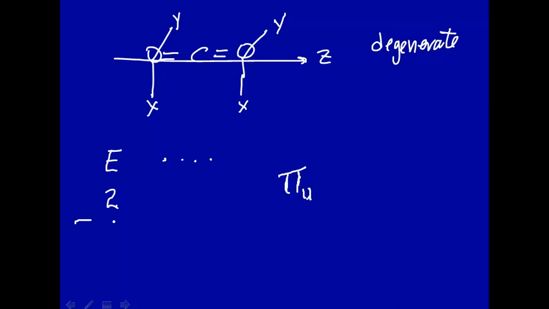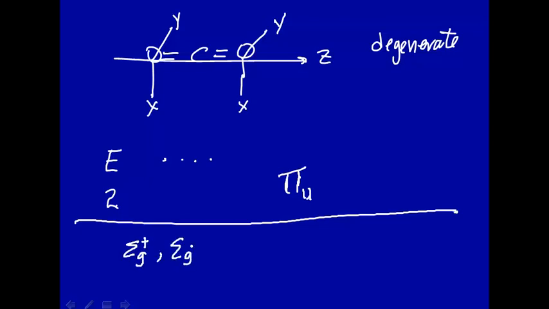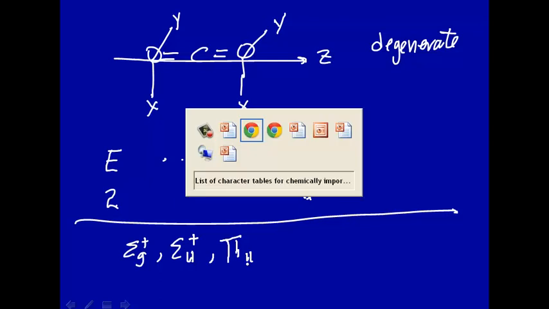So now, to summarize, the irreducible representations corresponding to the four normal modes are a sigma g plus, a sigma g plus, a sigma u plus, and the last two modes are combined, degenerate, into a pi u. Now, which one of these corresponds to infrared absorption?